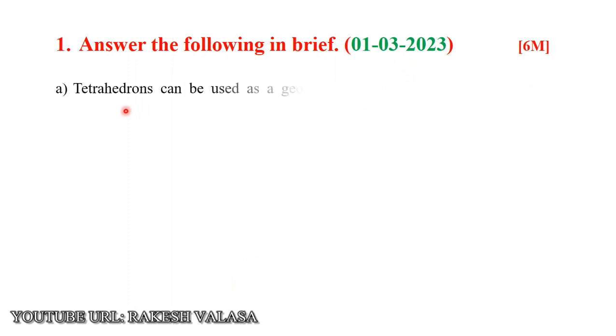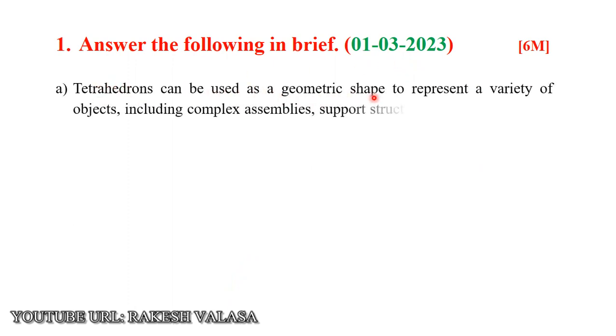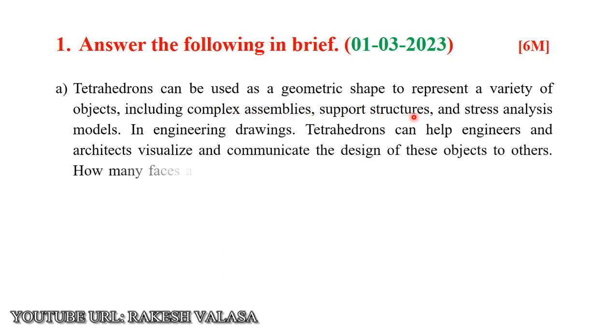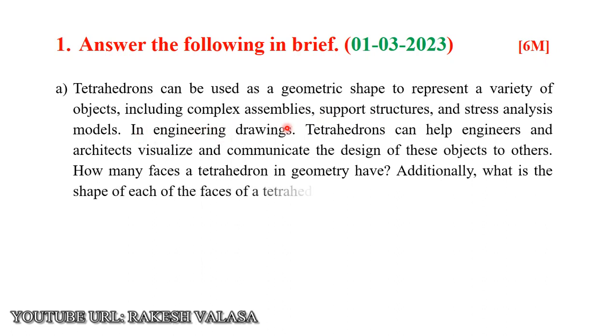Question number A. Tetrahedrons can be used as a geometric shape to represent a variety of objects including complex assemblies, support structures, and stress analysis models. In engineering drawings, tetrahedron can help engineers and architects visualize and communicate the design of these objects to others.